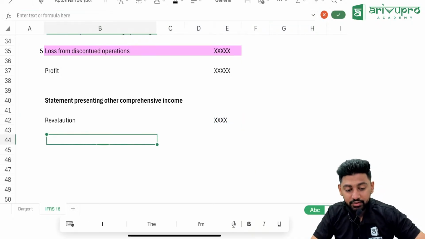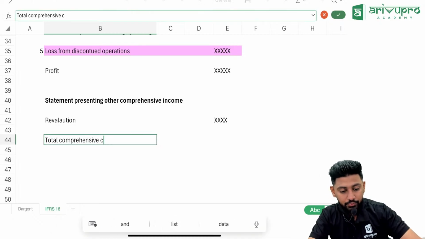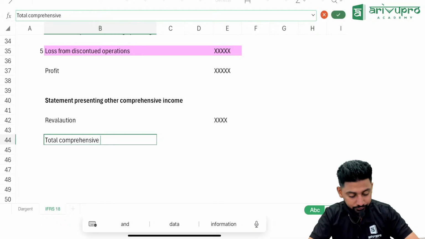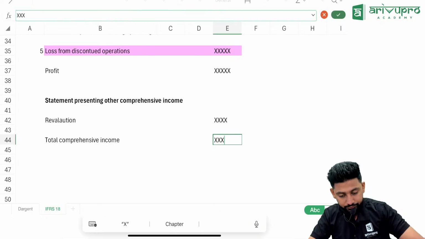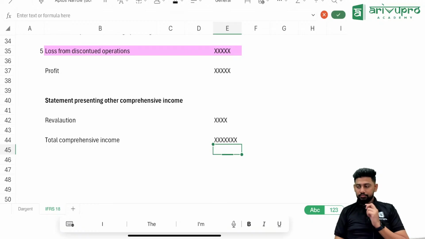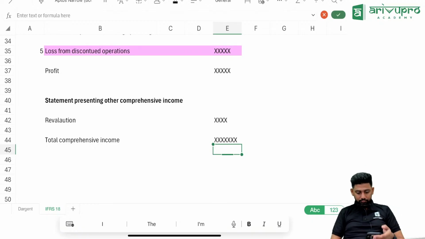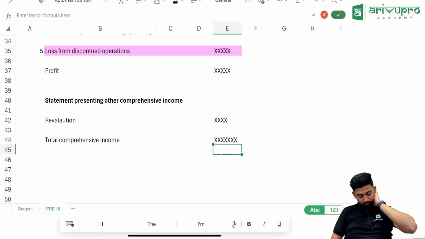Other comprehensive income net, you have it here, therefore total comprehensive income. You will take your total here. Are you clear?